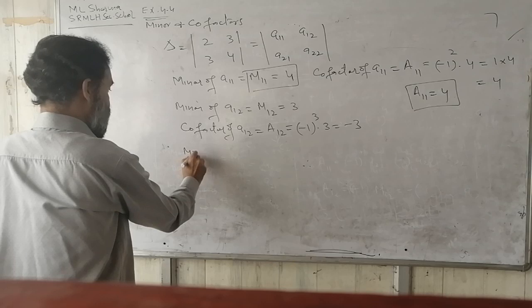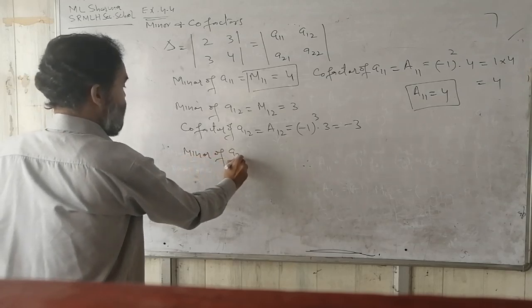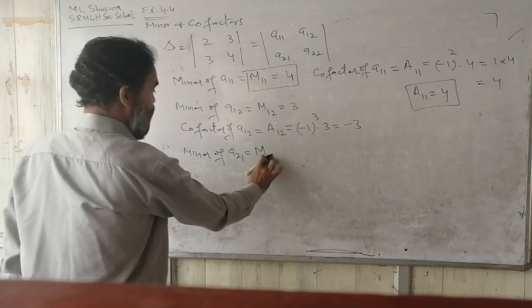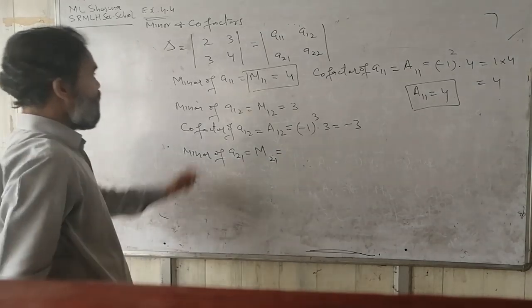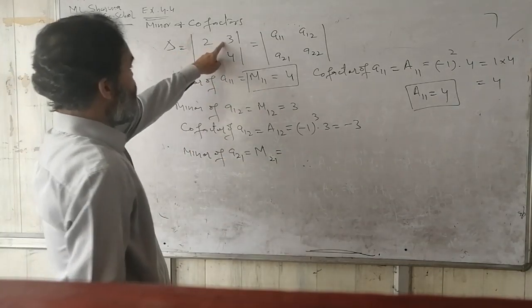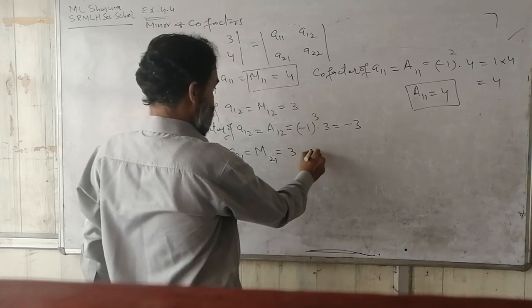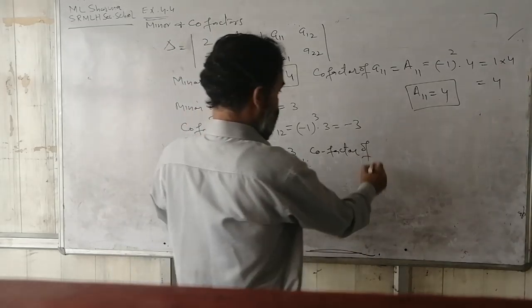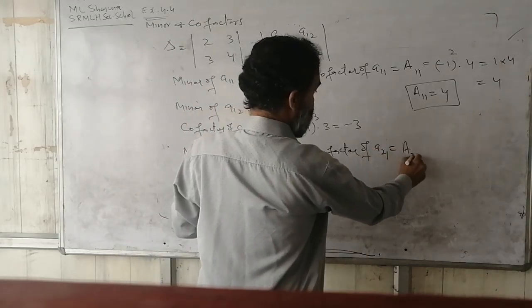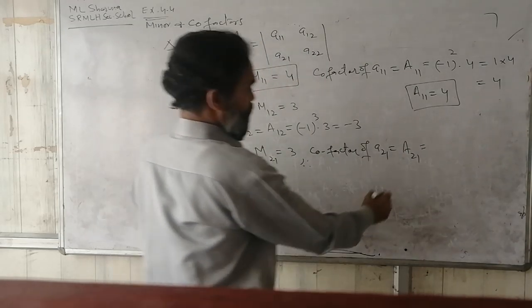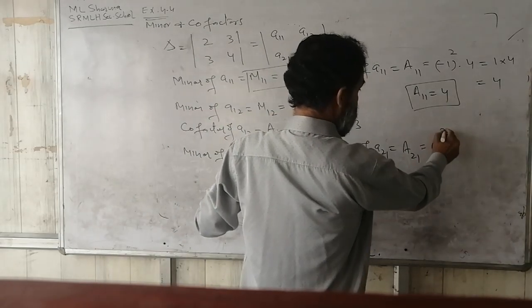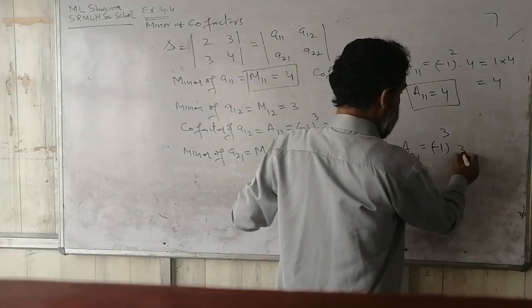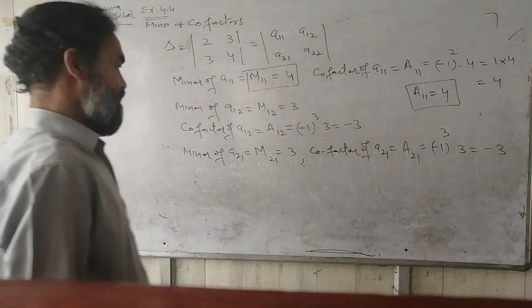For the minor of A21, it is written as M21, equal to, this row and this column deleted, so I am left with 3. And if I have to find the cofactor of A21, this will be A21 and this will be (-1) to the power 2 plus 1, which is 3, into its minor, and its minor is 3. So again this is minus 3.